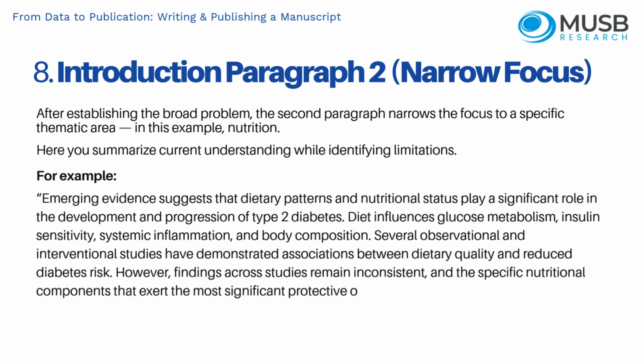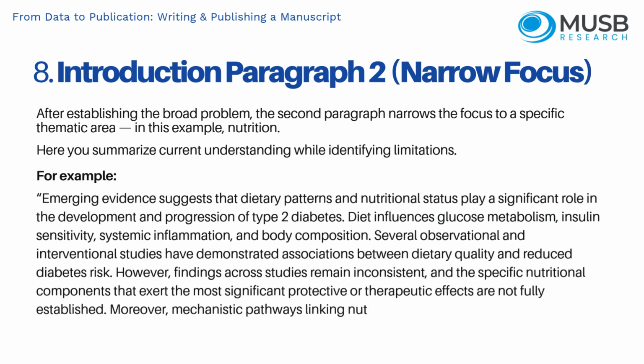However, findings across studies remain inconsistent, and the specific nutritional components that exert the most significant protective or therapeutic effects are not fully established. Moreover, mechanistic pathways linking nutritional status to metabolic regulation require further clarification. This paragraph transitions from broad public health concern to a focused research theme.